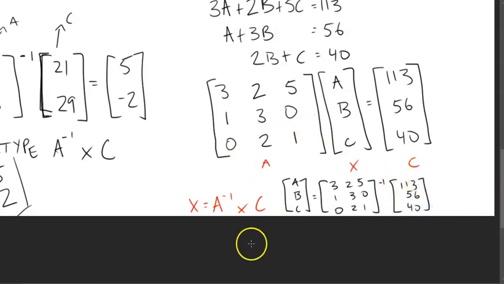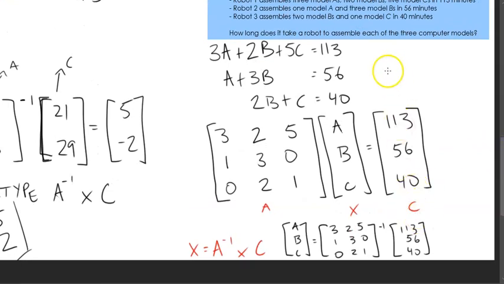This is all you'll need to write when it comes to showing the working out. And then the calculator will take over. And what you should get is A, B, C, a column of numbers.